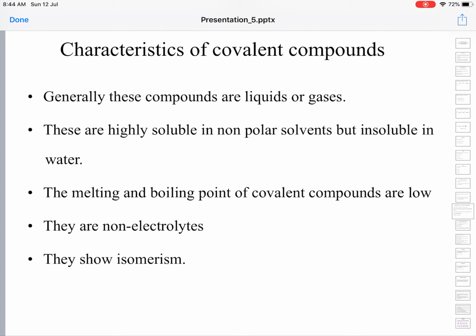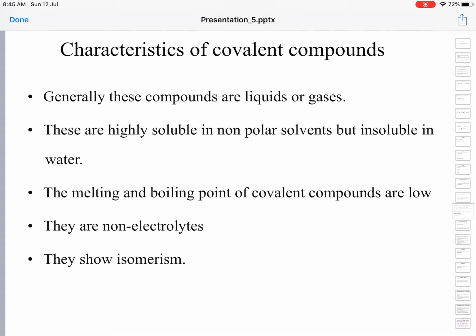Between different molecules they are held by very weak van der Waals forces. Because intermolecular forces are very weak, they exist as gases and liquids. Even if it is a solid, it is a very low melting solid, but most of them exist as gases and liquids because of extremely weak bonding between different molecules.